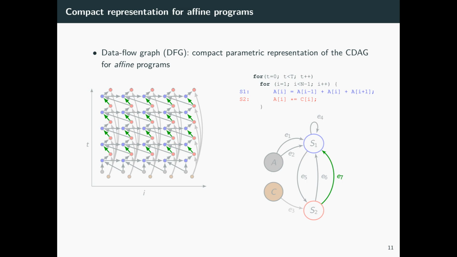This is made possible by restricting the class of input programs to IOLB to only affine programs, that is, loop nests with static control flow and array accesses in which subscripts are affine functions of loop counters.